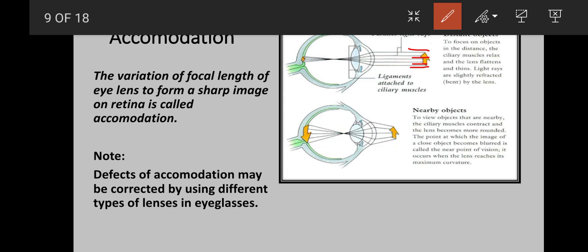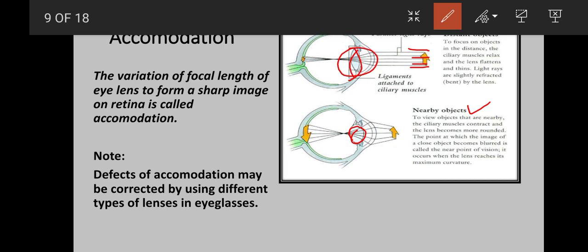And for the nearby objects, how is the lens accommodated? To view objects that are nearby, the ciliary muscles contract and the lens becomes more rounded. Here you can see the shape of the lens. It is thin in one case, and in this case it is broad or thick. It is more rounded. The point at which the image of a close object becomes blurred is called the near point of vision.